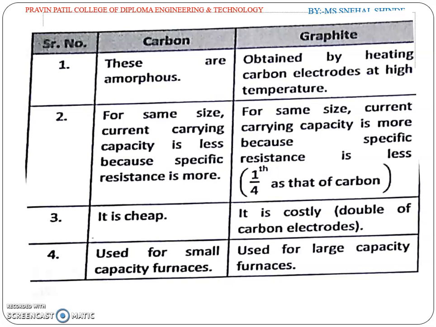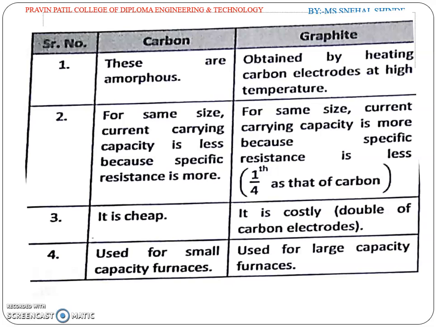Next, for a small size, the current carrying capacity of carbon is less because specific resistance is more, and for graphite, for the same size, the current carrying capacity is more because specific resistance is less. It is one fourth that of carbon.